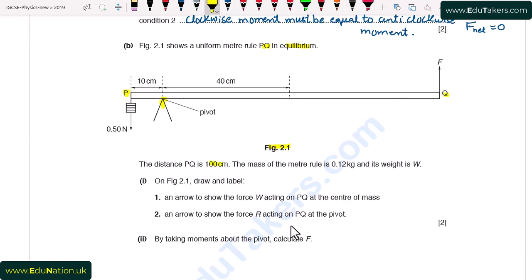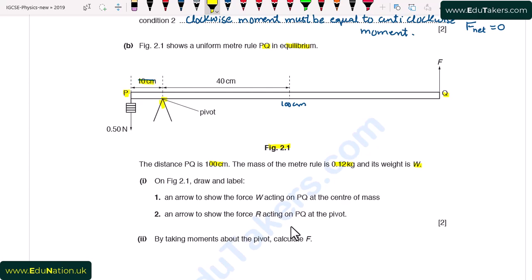The mass of the meter rule is 0.12 kg and its weight is W. So the distance from point P to Q is equal to 100 centimeter. The pivot point is at a distance of 10 centimeter from point P, and the pivot point is at 90 centimeter distance from point Q.